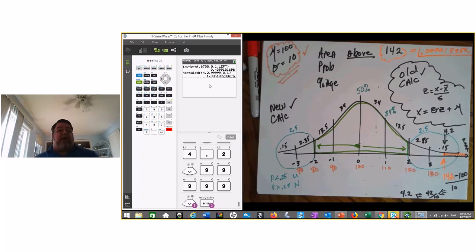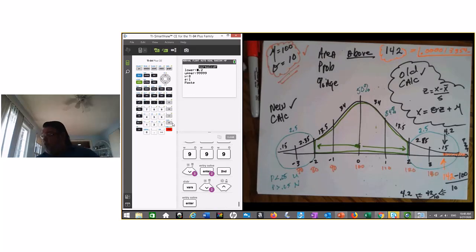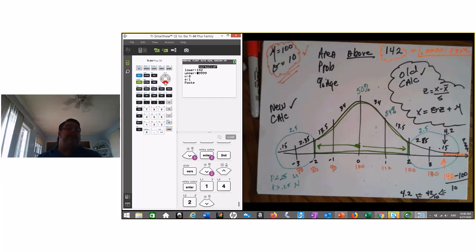Now, if you have a new calculator, you type in second, vars, normal CDF, and then you just do 142, 9999, mu is 100 and sigma is 10.